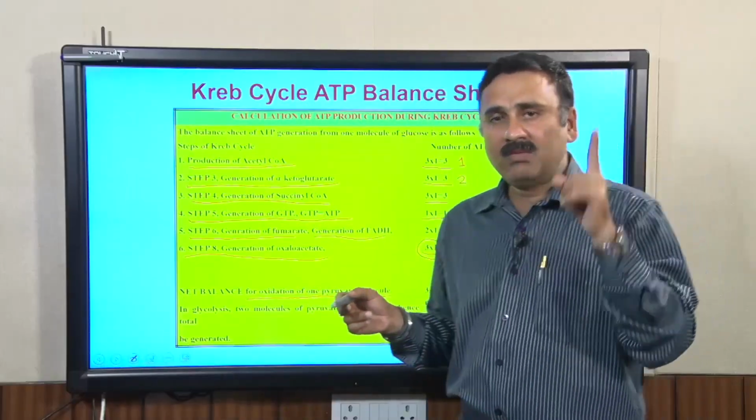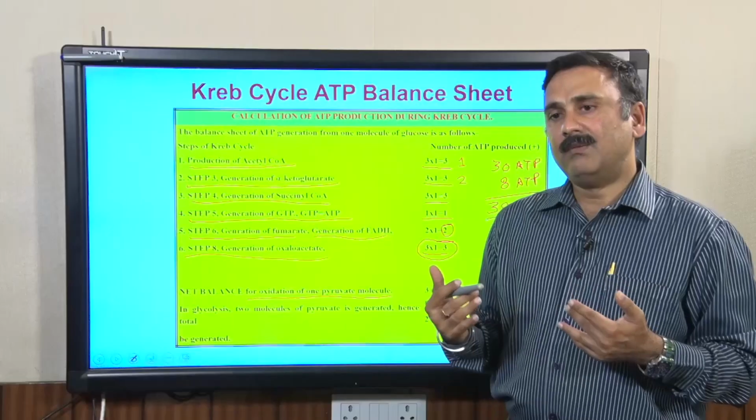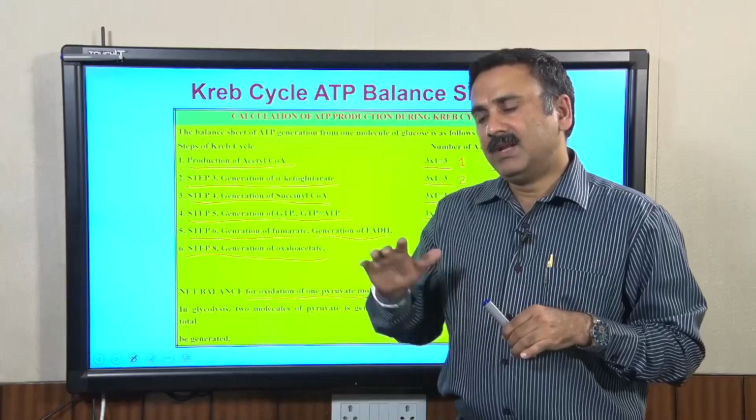That means, from 1 molecule of glucose you have generated 30 ATP molecules from the Krebs cycle, and you have generated 8 ATP from the glycolysis, which means if you oxidize 1 molecule of glucose, you will get a total of 38 ATP if all these reducing equivalents go for complete oxidation.